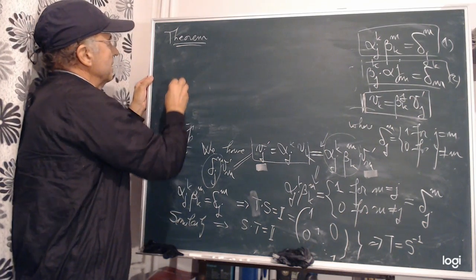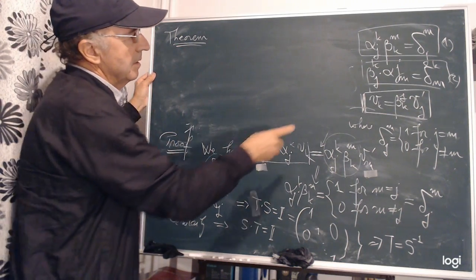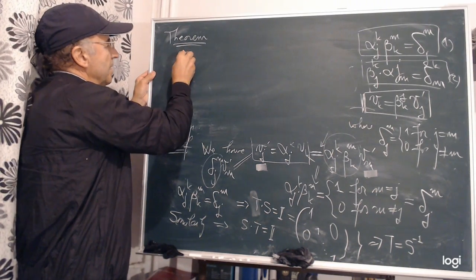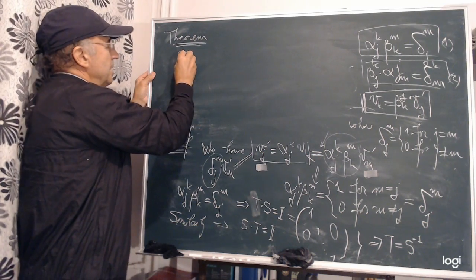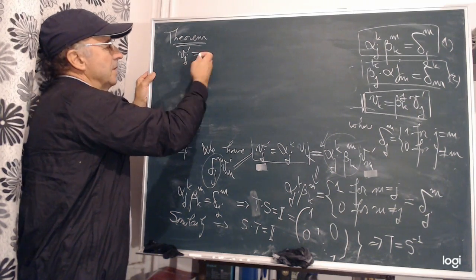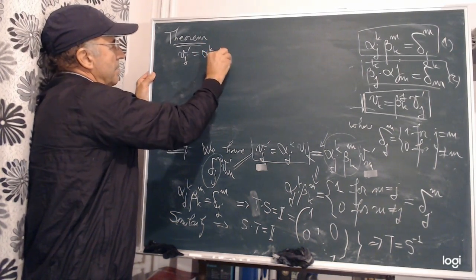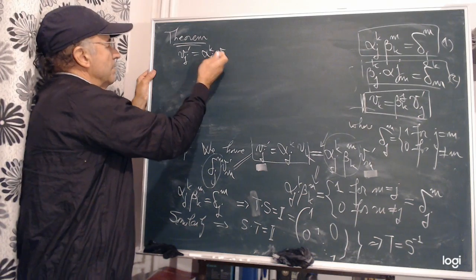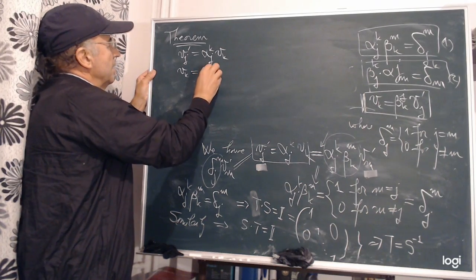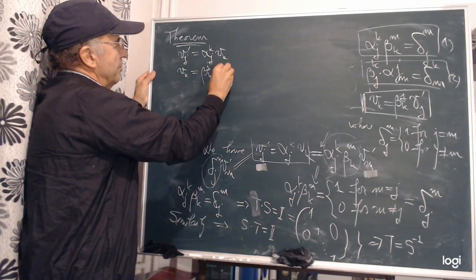Let us consider again the two bases and the relations between the vectors, which can be written in the following way.